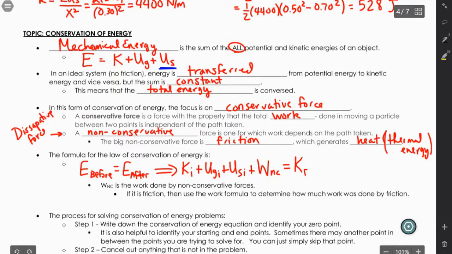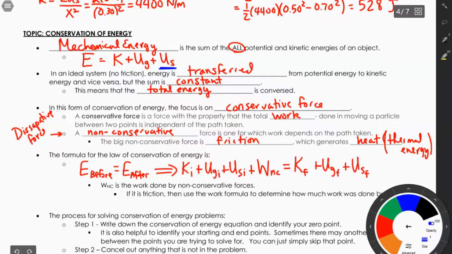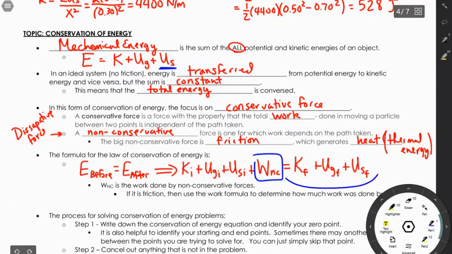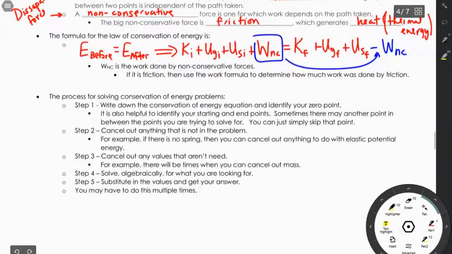So you're going to have your kinetic final plus your UG final plus your US final. Now, this work done by non-conservative forces, if there's no friction involved, you don't have to write this. But really what happens is it does fit in over here, but as a subtraction, okay? Because on the after side, if I write it taking away what's in the box and putting over here what's in the blue, you can see that it takes away from the energy in the end, okay?